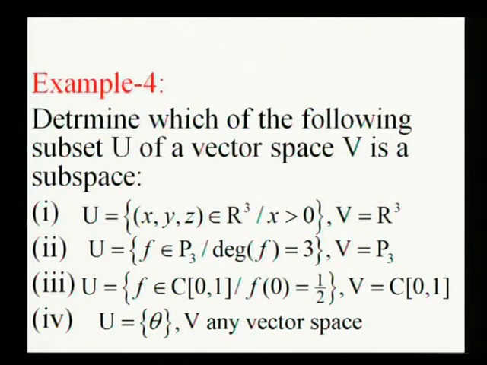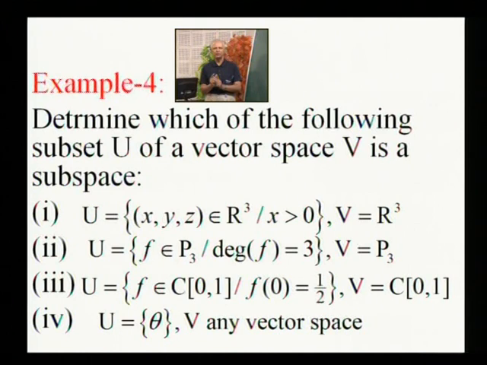Second, U is the set of f belonging to P3, where P3 is the set of all polynomials with degree less than or equal to 3, such that degree of f is equal to 3. Third, V is equal to P1. Fourth, U is the set of f in C[0,1] such that f(0) is equal to 1/2, where C[0,1] is the class of all continuous real valued functions defined on this interval. And finally, U is equal to the set containing only the 0 vector, where V is any vector space.